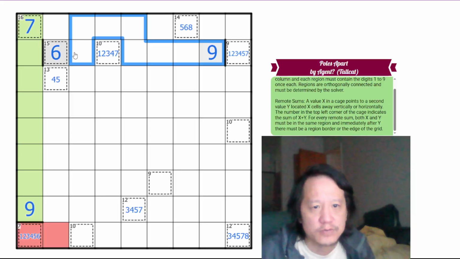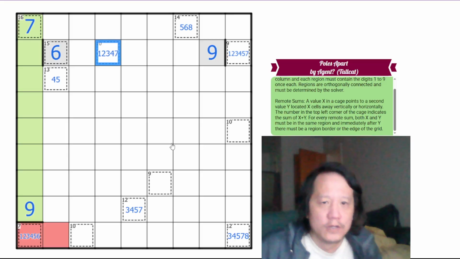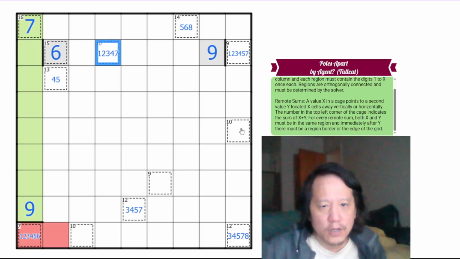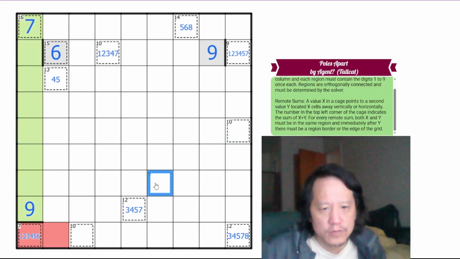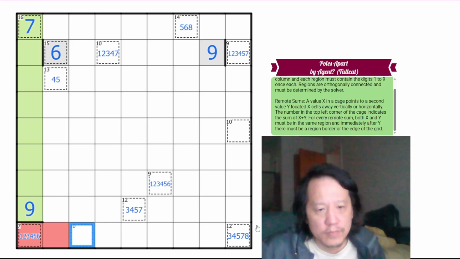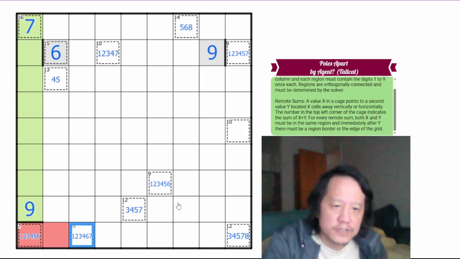Yeah, that's possible. 2 and 8 work. This could go up to 8. This could go 1, 2, 3, 4, 5, 6. So this is up to 6. This again is 1, 2, 3, 4, 6, 7, 8, and this is also 1, 2, 3, 4, 6, 7, 8.